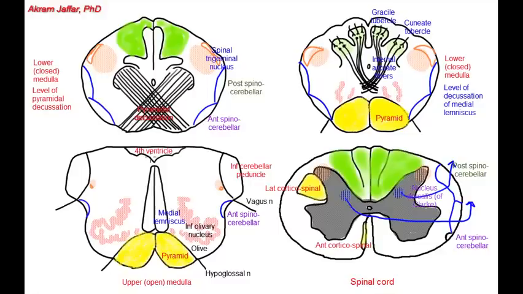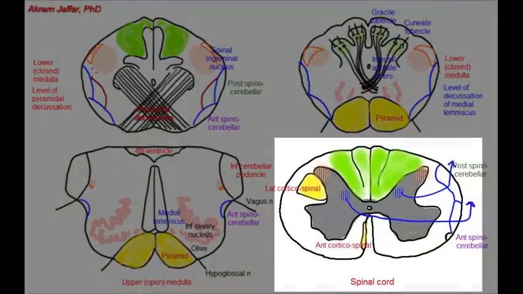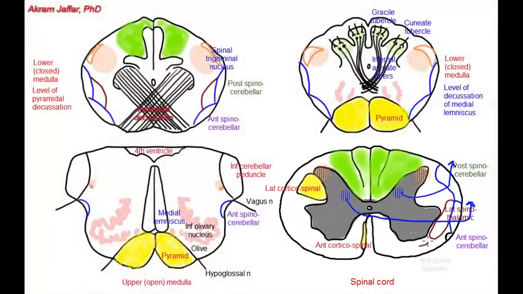Other fibers that can be seen in the medullary sections are the fibers of the spinothalamic tracts. We have lateral and anterior spinothalamic tracts. This is the location of the lateral spinothalamic tract and the anterior spinothalamic tract. The lateral spinothalamic tract carries pain and temperature sensation fibers.